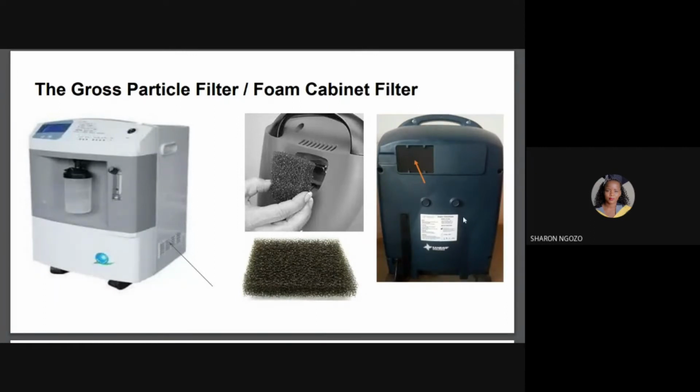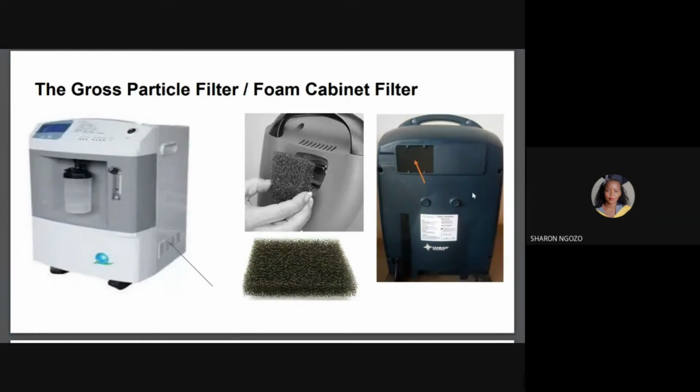We also have this filter located on the bottom side, like in the J5, as shown on the graphics. The gross particle filter should be cleaned once a week by running it under warm water and letting it air dry before placing it back on the concentrator.